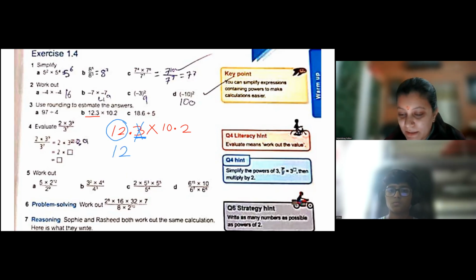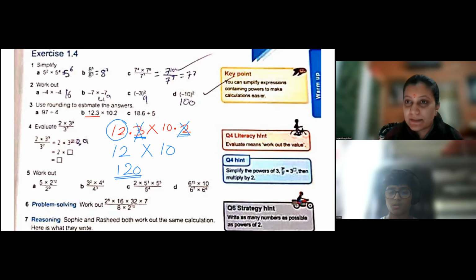Here also it is 0.2, lesser than 5, so we can neglect this value. We can just take 10, and 12 multiplied by 10 will be our estimated answer. This is when the digit after the decimal is lesser than 5.